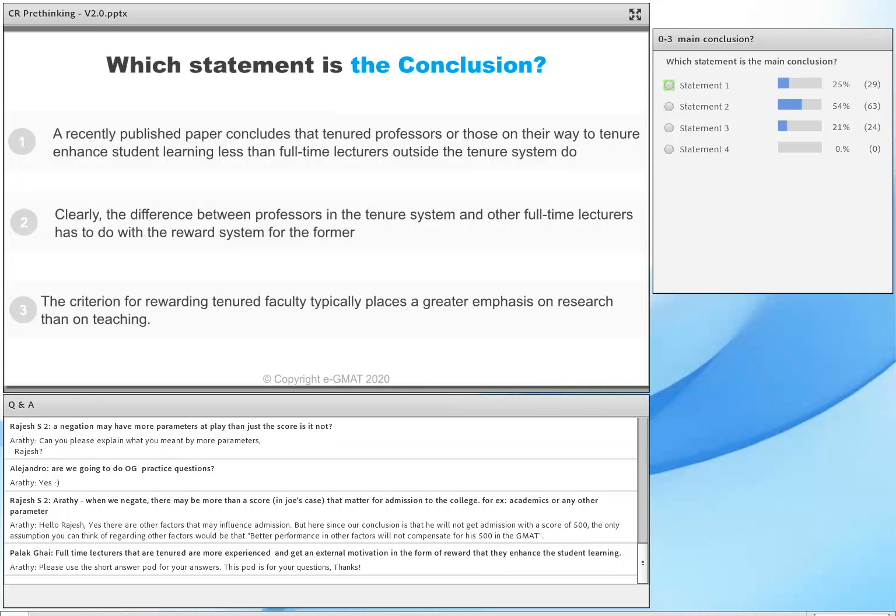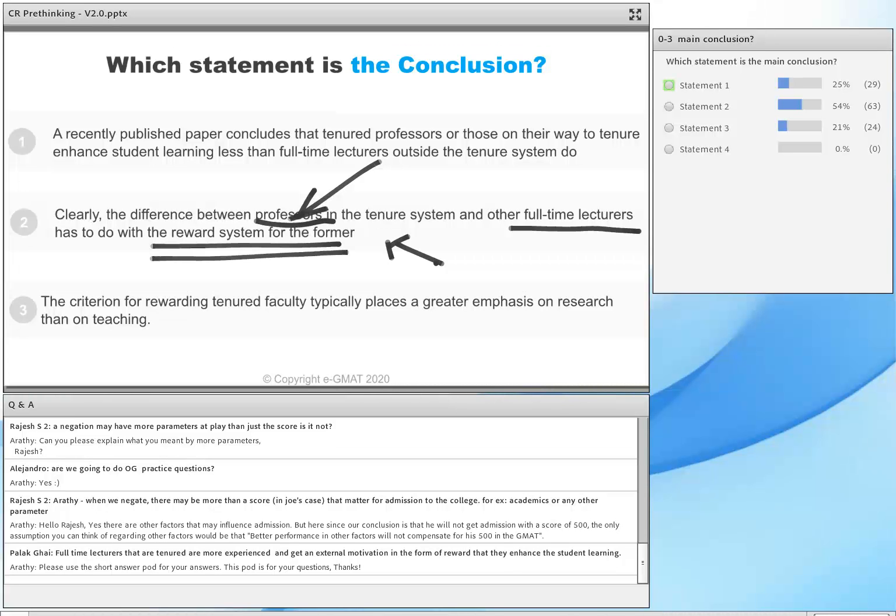And so when you look at what the author wants to prove here, it is clearly statement number 2, where the author is saying that the reason why there is a difference between professors in the tenure system and other full-time lecturers is because of the reward system for the professors.